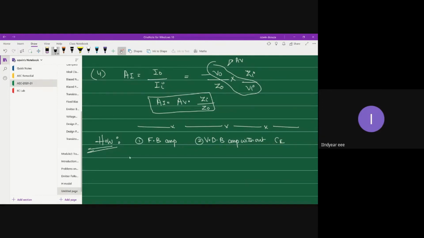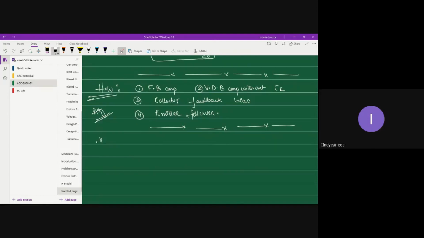First, second, and third one is going to be collector to base bias or collector feedback bias, and fourth one is going to be emitter follower, which is called the Darlington emitter follower.